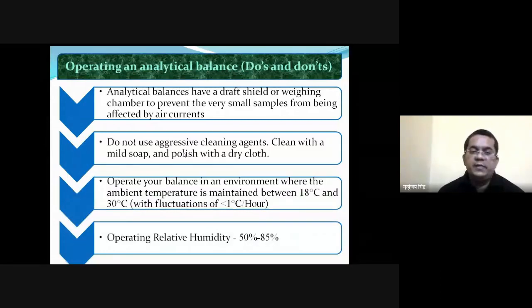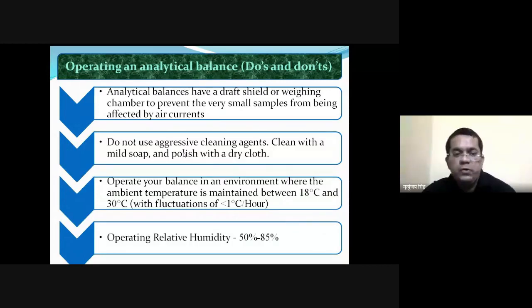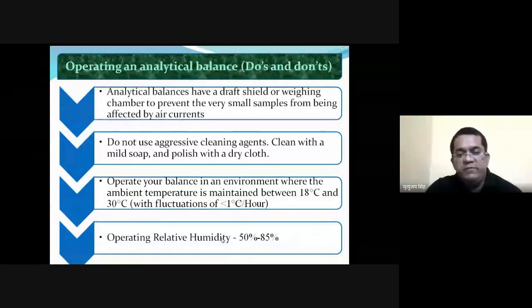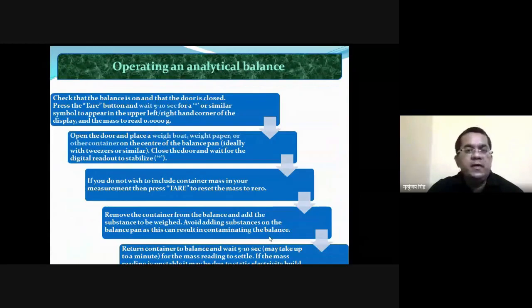Operate your balance in an environment where the ambient temperature is maintained between 18 to 30 degrees with fluctuation of less than 1 degree centigrade per hour. The good operating condition for relative humidity is 50 to 85.